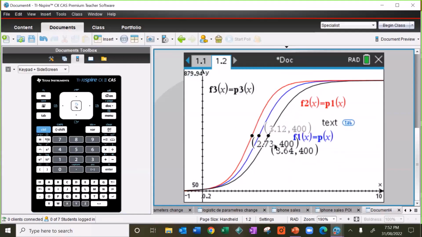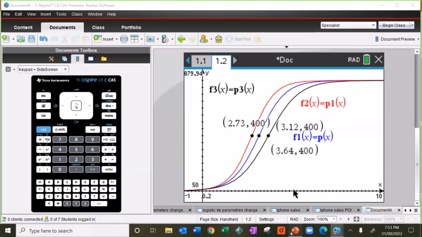So there is something interesting happening for those points. So we see 400, 400, 400, but of course the time after which the point of inflection occurs changes. And that's again a good investigation for the students to see what happens when we change the birth rate.